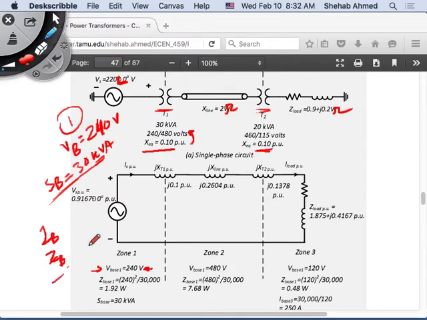Yes? Why is the power base the same in all systems? Because the system will be rated for a certain value of power, right? So, for example, you run the system in Qatar, for example, in summers we're sort of consuming about 5 gigawatts, full system, right? So it makes sense that each one of these generators, I want to know what sort of proportion of that full power, for example, that each generator is providing and contributing to the system, right?